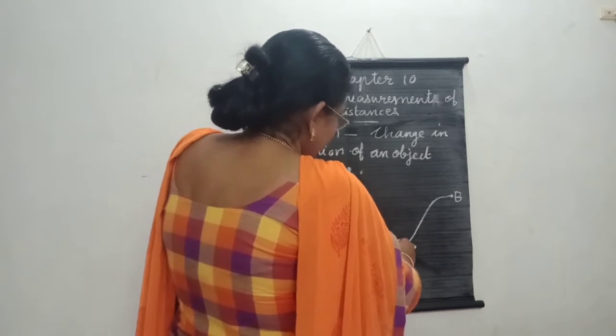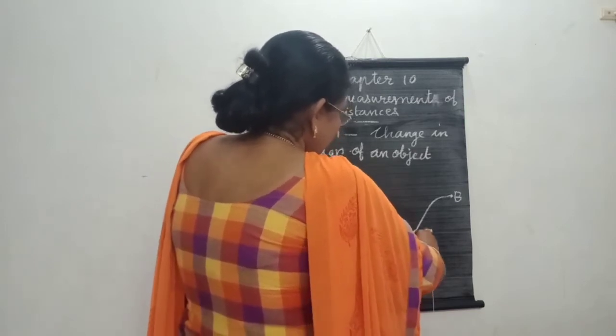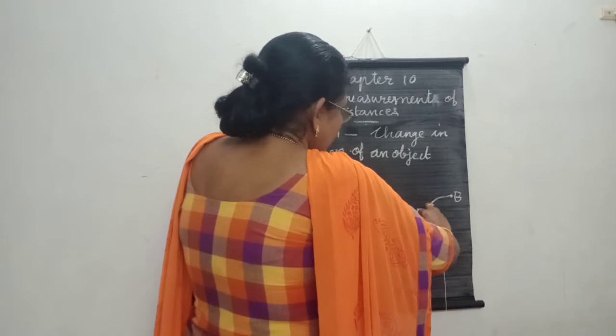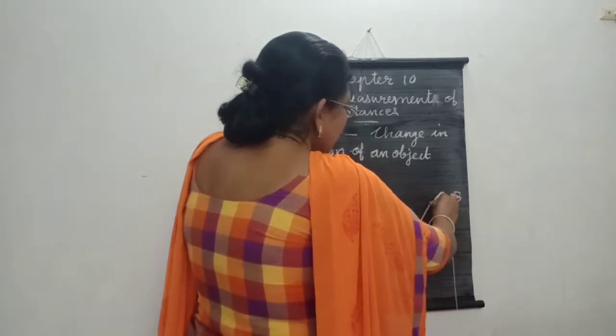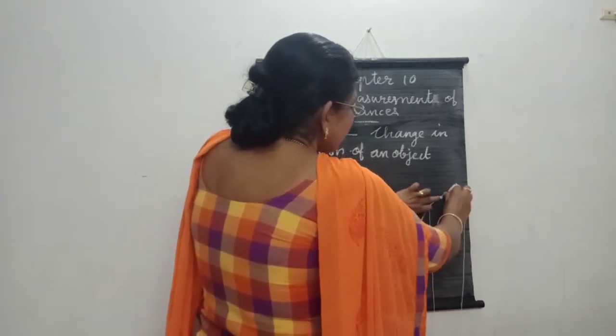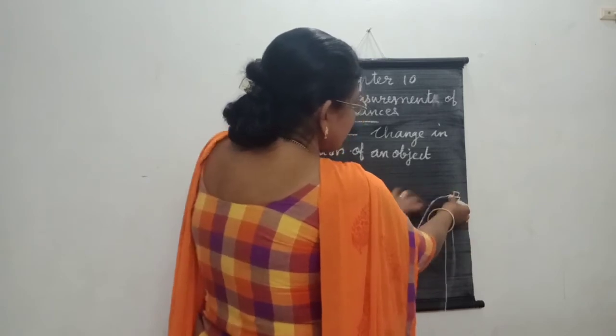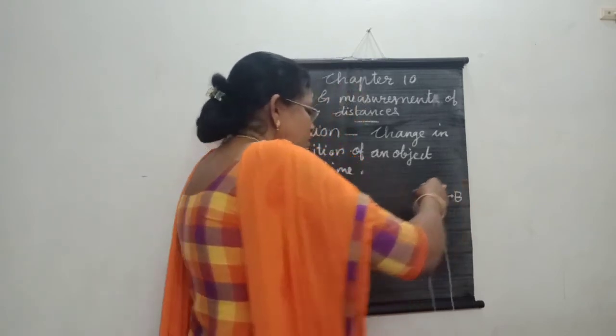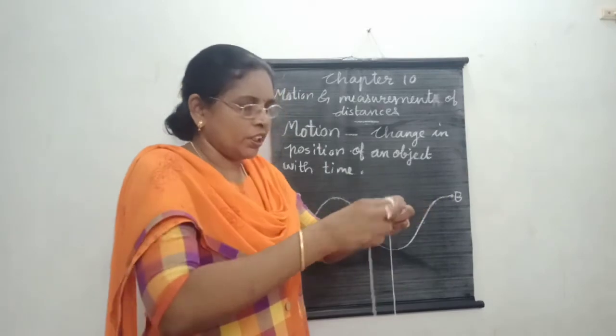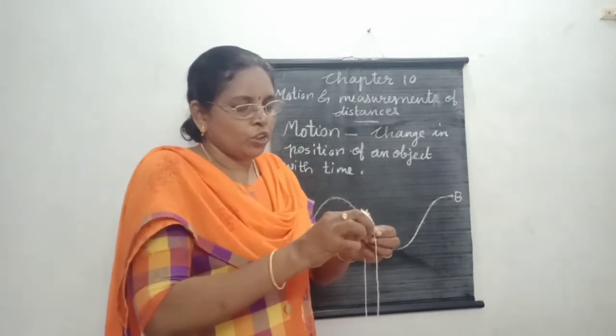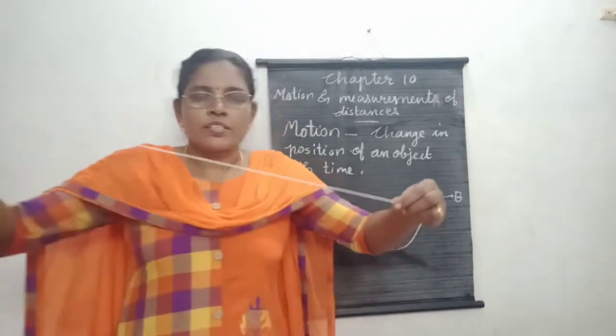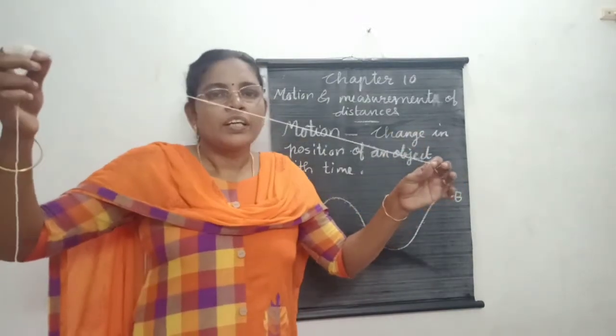Okay. So this end is B. So we put a knot here. So this is the length of curved line AB.